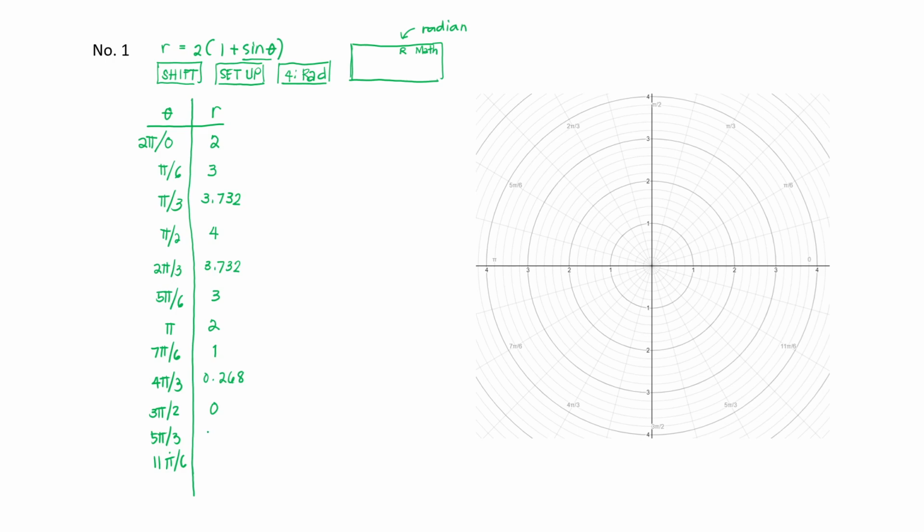Then 300 degrees is 0.268. And lastly is your 11 pi over 6, which is equal to 1.